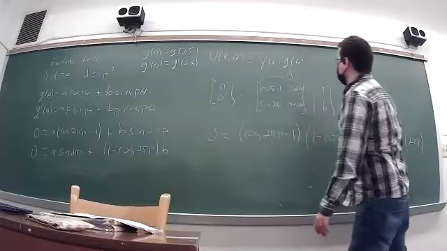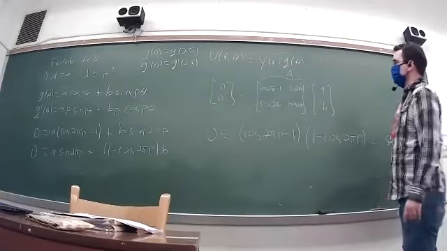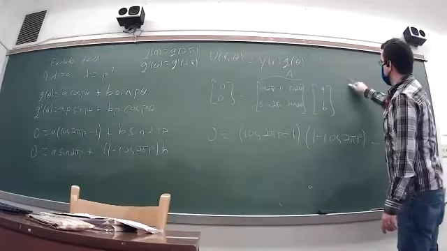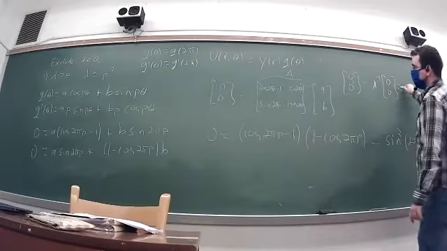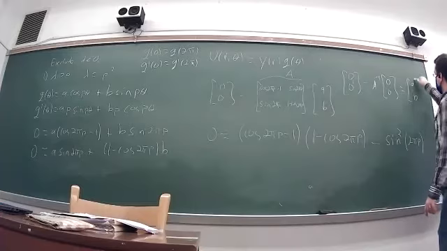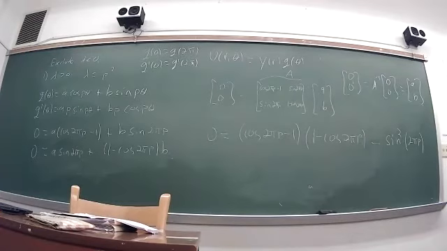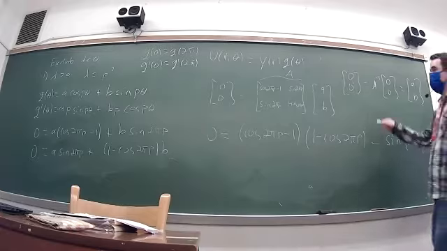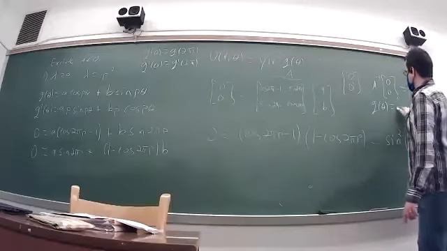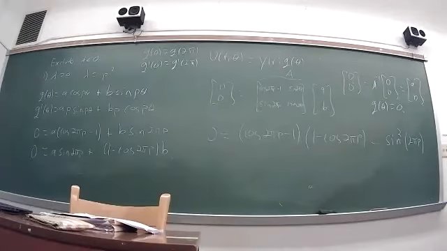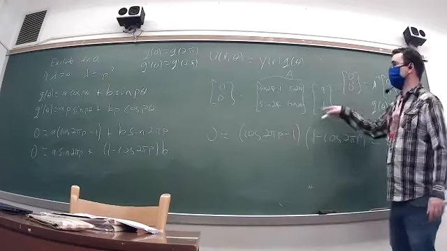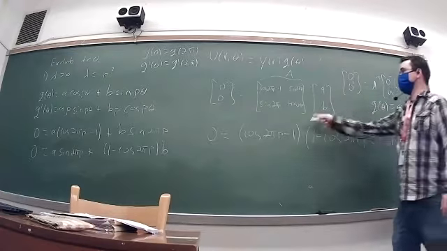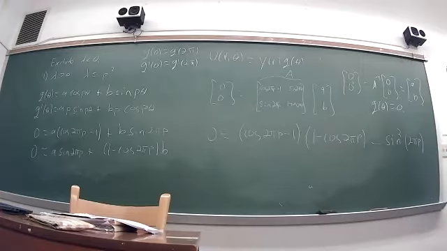Right, if I call this matrix A, and if this determinant were non-zero, I could write that (0, 0) equals A inverse times (0, 0) equals (a, b), which would imply that a is 0, b is 0, and therefore that g of theta is the 0 function, which is the opposite of what we want. So we want there to be a non-trivial solution to this equation, which would mean the determinant of this matrix would have to be 0.